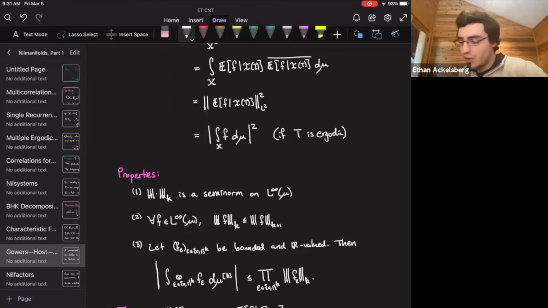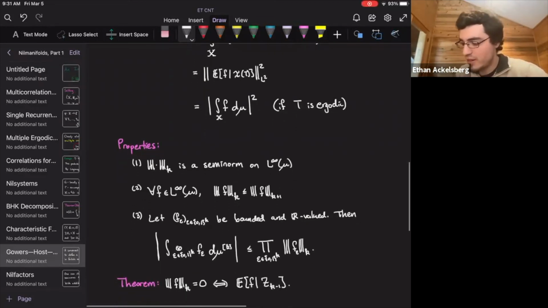And what Host and Kra do is show that these sort of cubic configurations also govern the arithmetic progressions, the linear structure for recurrence, and you can define these factors Zk in terms of the seminorms.